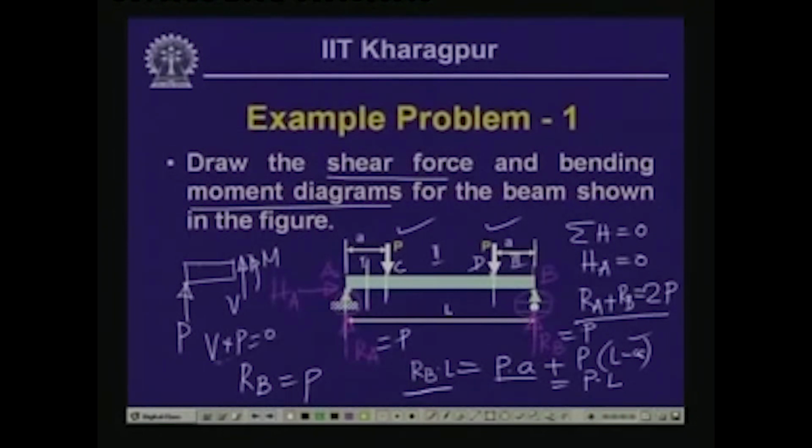This gives us the value of V as minus P. So in segment 1, from the point A up to this particular point, everywhere the shear force equals minus P.